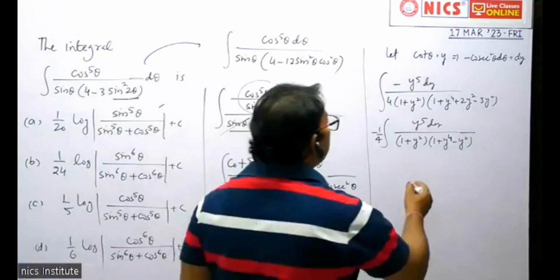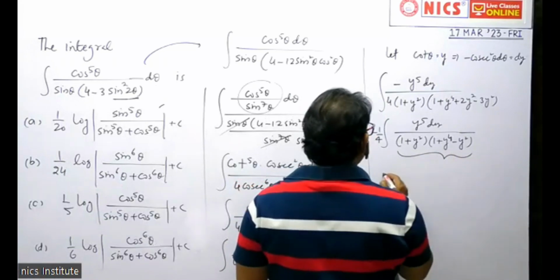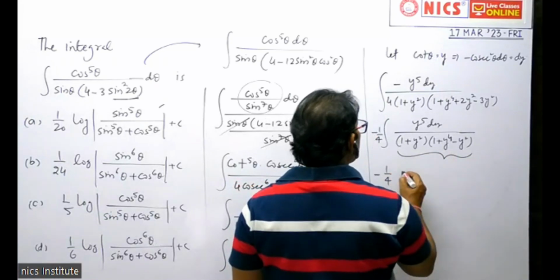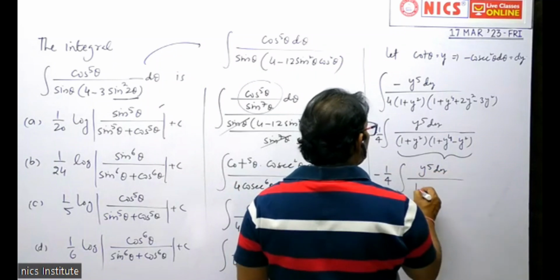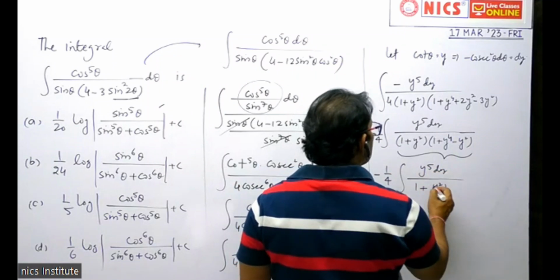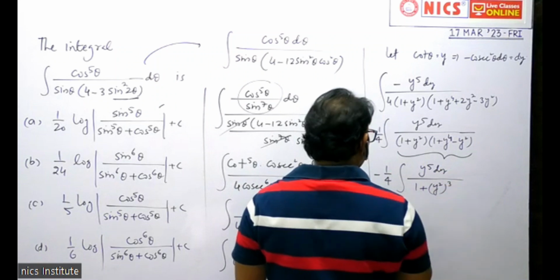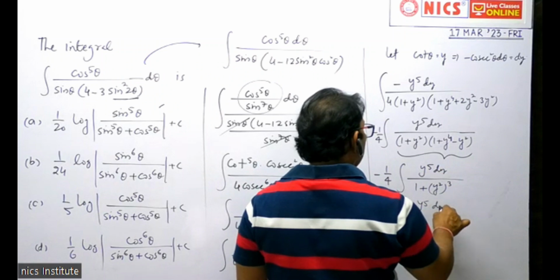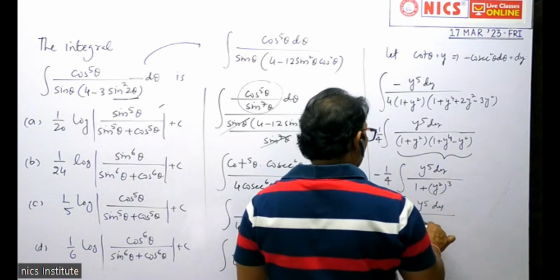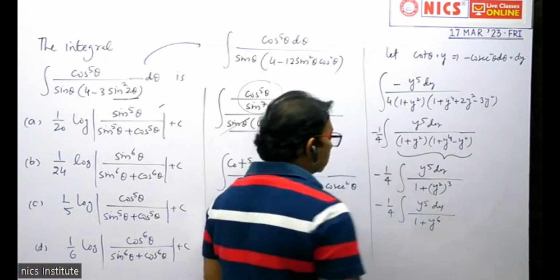So this is basically A cube plus B cube, where A is 1 and B is y square. So this would be 1 plus y square to the power 3. Or it is y to the power 5 dy by 1 plus y to the power 6.